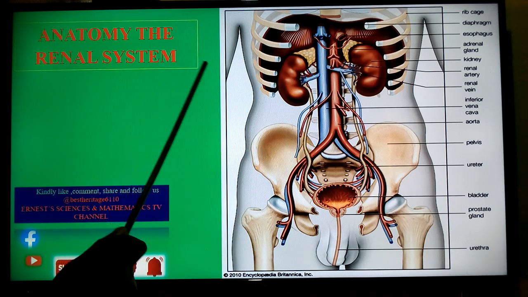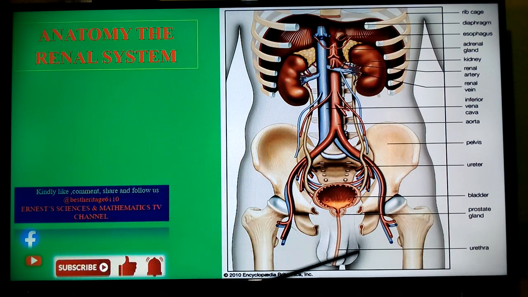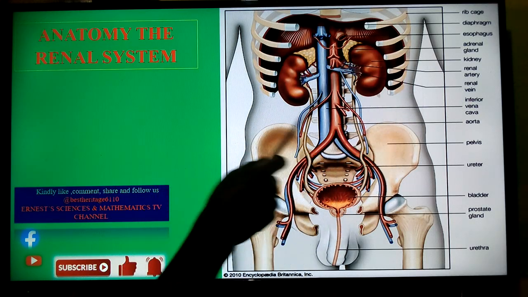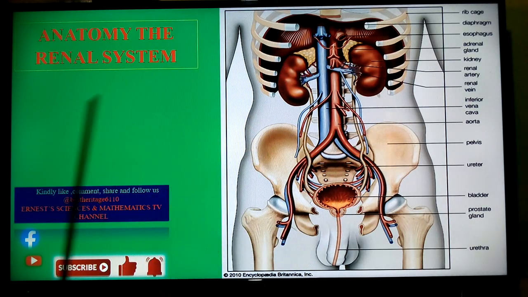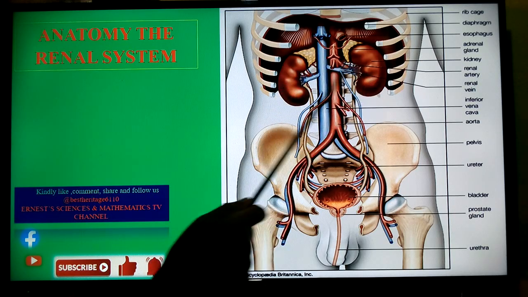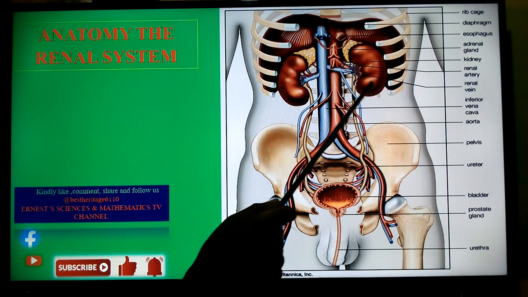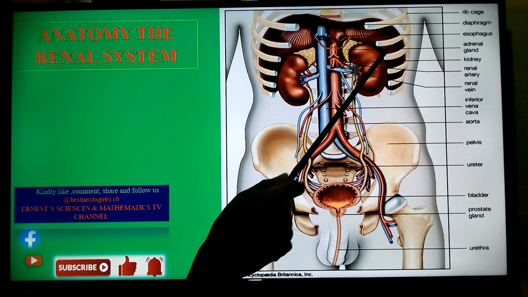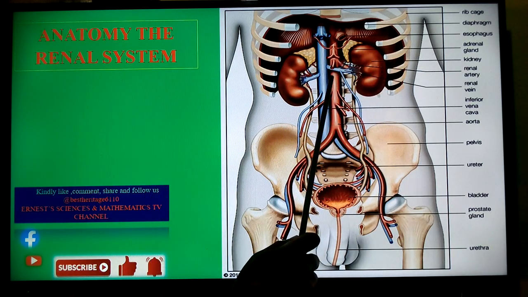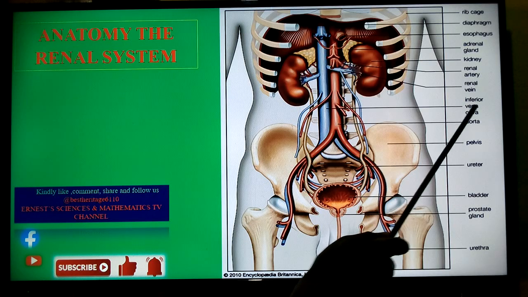If we look at the general view of this section, as we had mentioned, it is contained in the lumbar region of the abdominal cavity. These two bean-shaped organs that we're seeing at this specific point are what we refer to as the right and left kidneys.